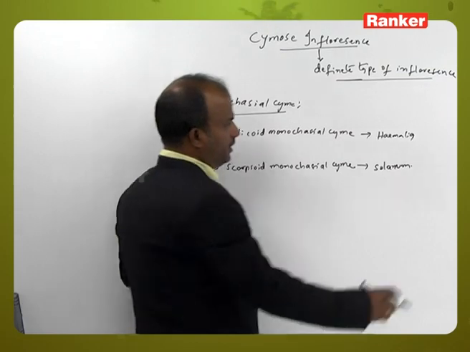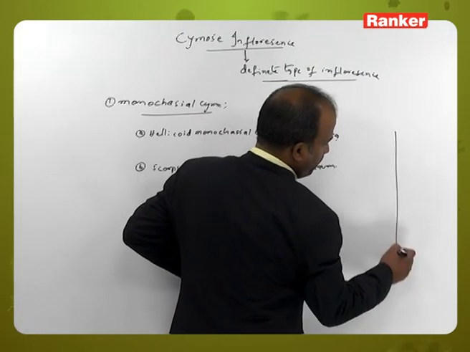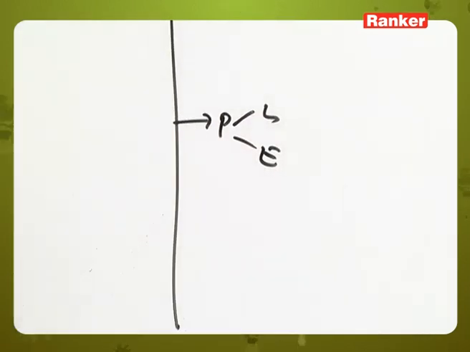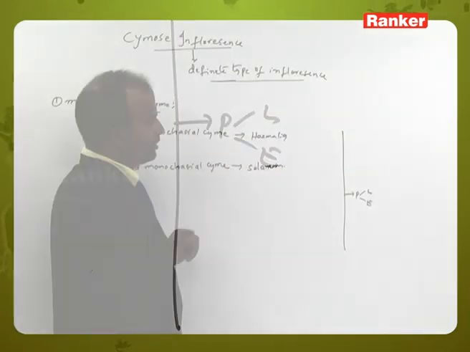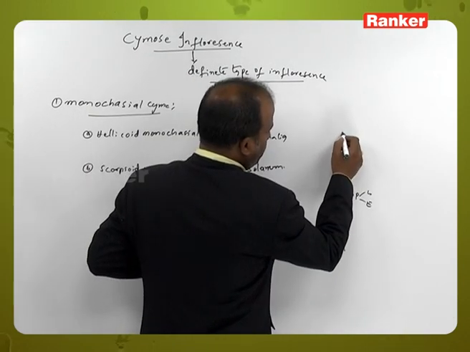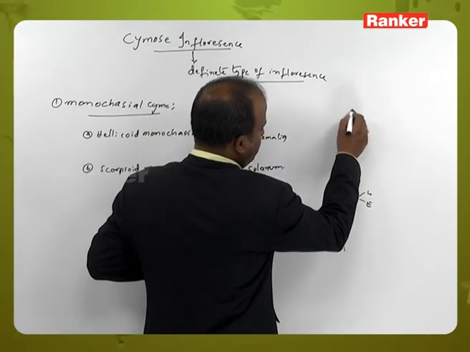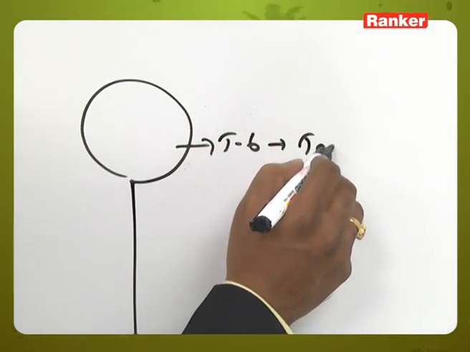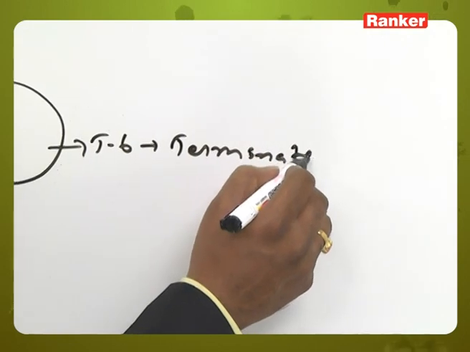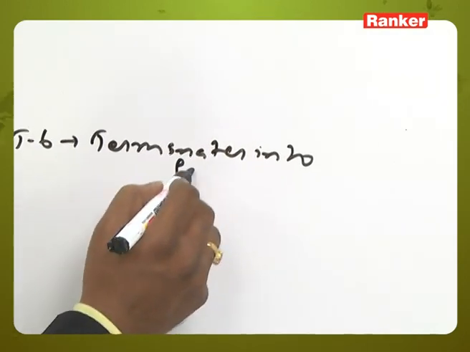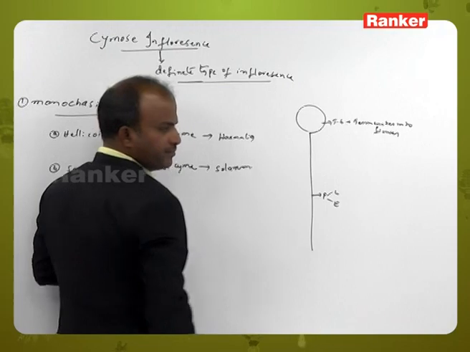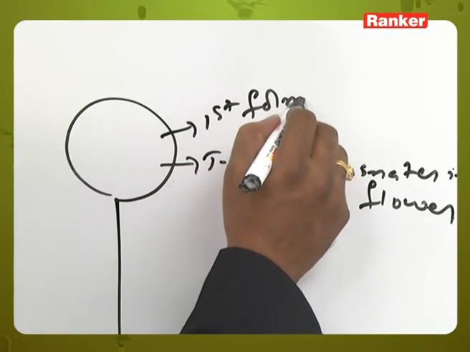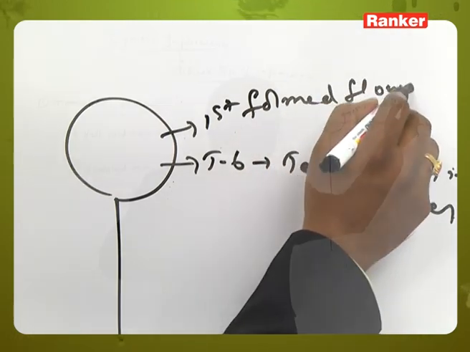I will explain here. This is the peduncle. The peduncle is long and elongated. The terminal bud of the peduncle terminates into a flower, the first formed flower.